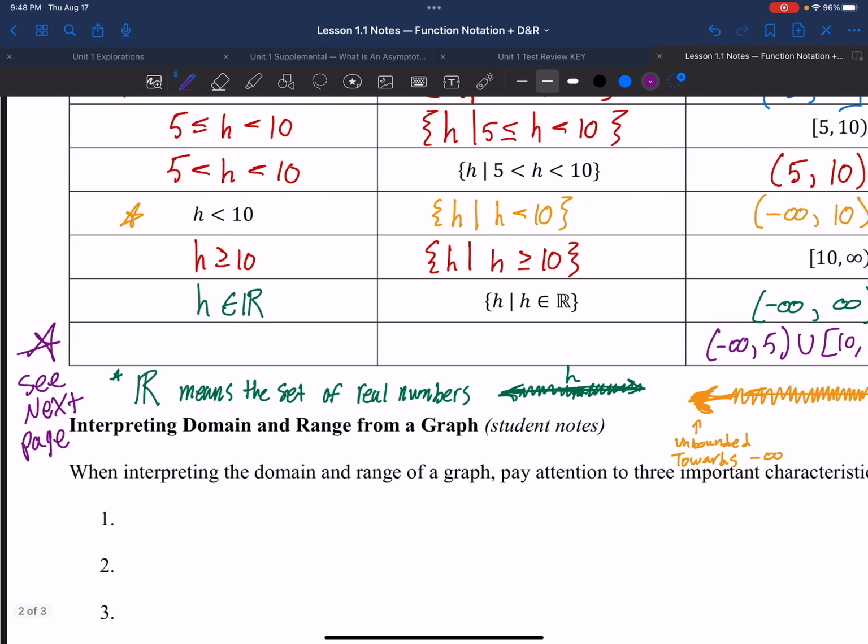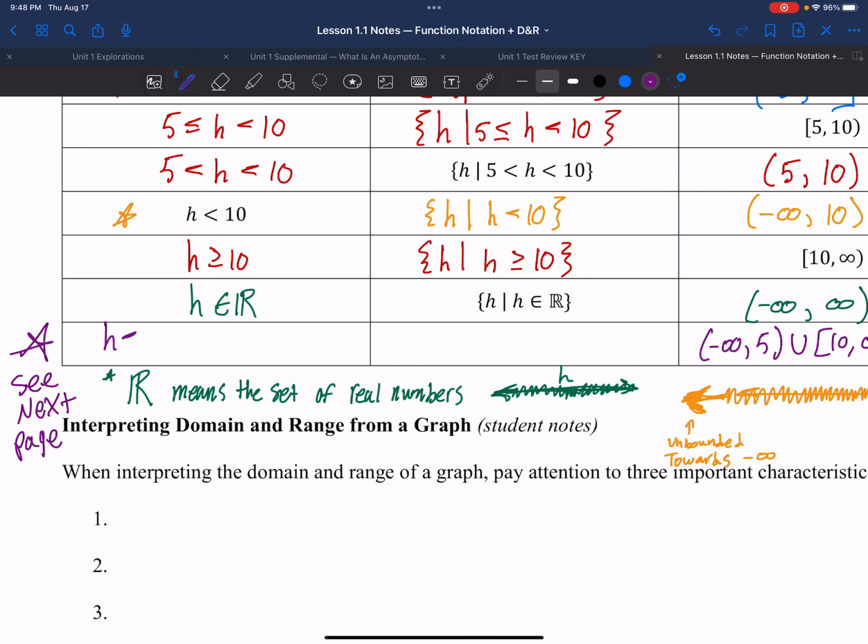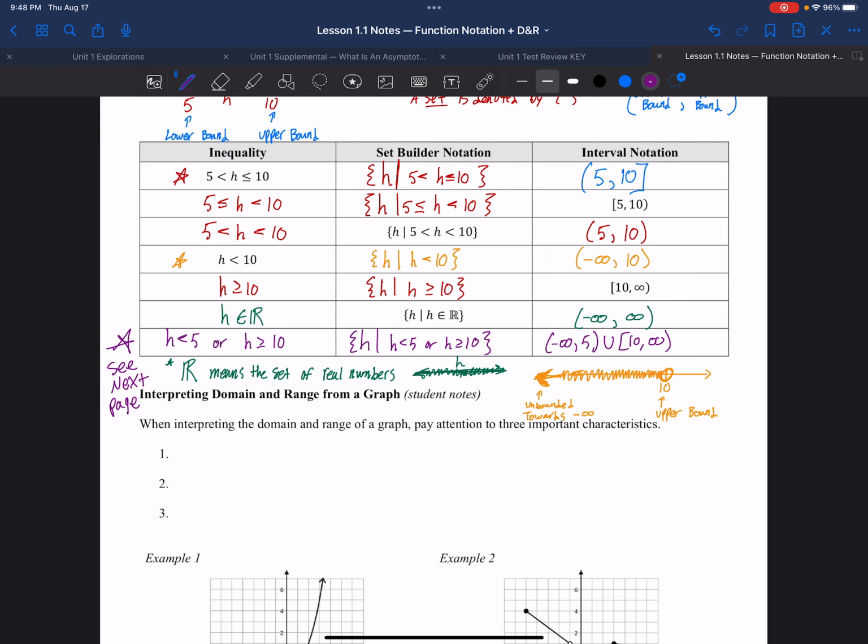And the way I wrote that as an inequality was h is less than 5 or h is greater than or equal to 10. And since set builder is just inequality notation with the variables established, it's just h such that h is less than 5 or h greater than or equal to 10. Done. And so that's the word about union.